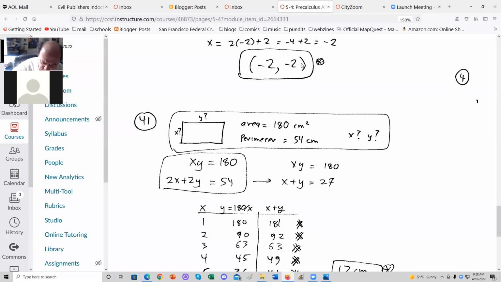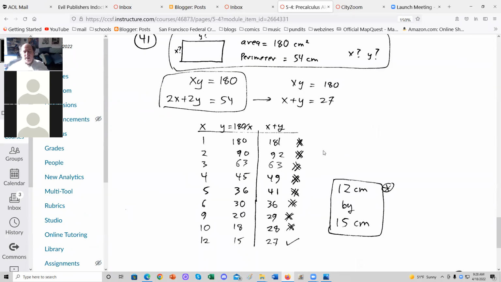So I'll do right away what I would have done in solving a quadratic anyhow, which is go through all possible divisors of 180 and see when they add up to 27. 1 and 180 doesn't work, 2 and 90 doesn't work, 3 and 60, 4 and 45, 5 and 36, 6 and 30, 9 and 20, 10 and 18, none of them work. Well, this one's pretty close. 12 and 15, however, they work fine. So the answer is 12 by 15 centimeters for the rectangle.